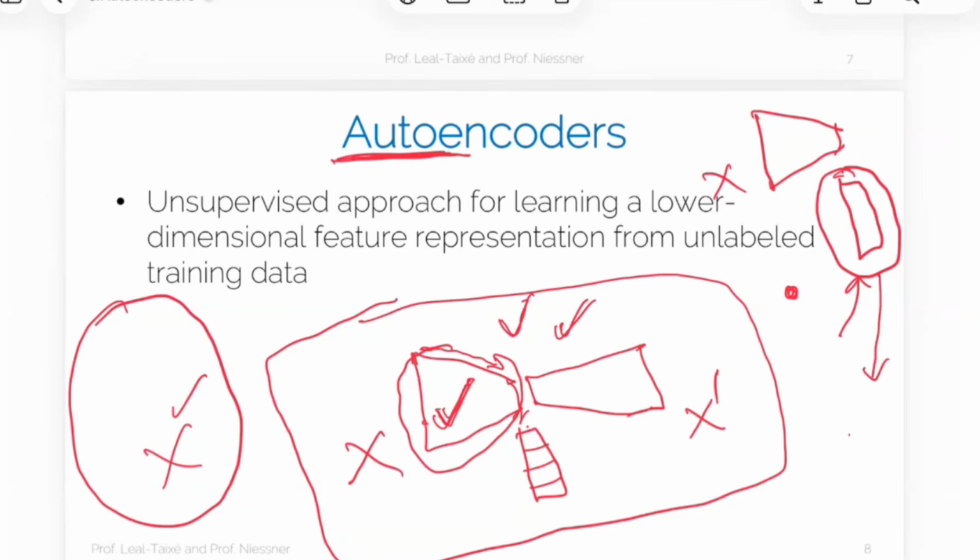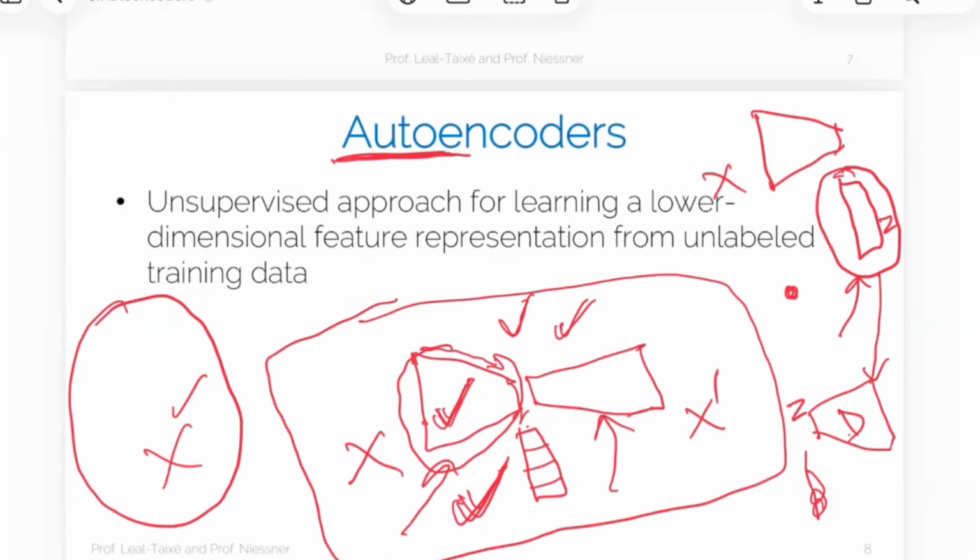Now, the receiver has the decoder. So this is Z. Z is sent to the receiver side, and the receiver takes the Z and gives it to the decoder. After the whole architecture is trained, you keep the encoder part on the sender side and the decoder part on the receiver side.